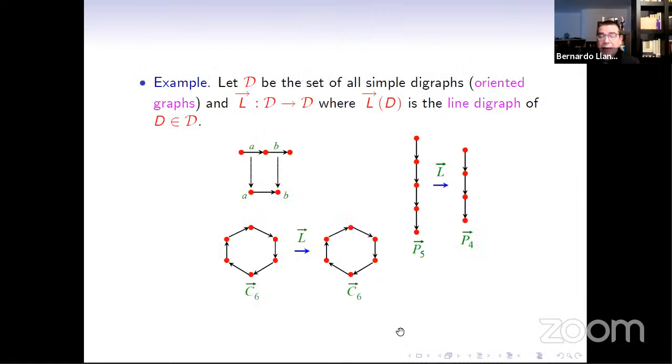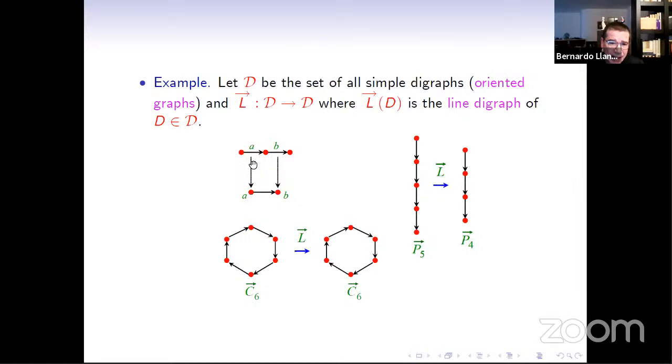You can have the same example if you consider the set of all simple digraphs. When I say simple digraph, I mean oriented graphs. We don't allow multiple arcs, loops, any kind of these things. And the rule is very easy. You put a vertex for every arc.